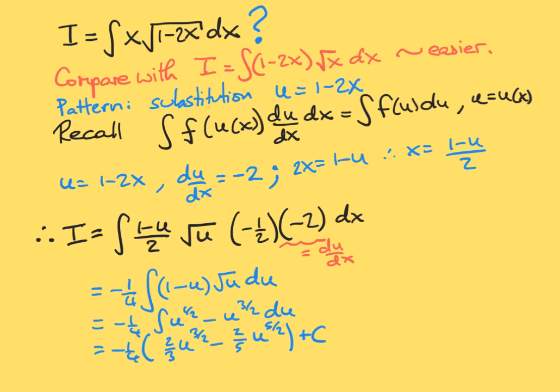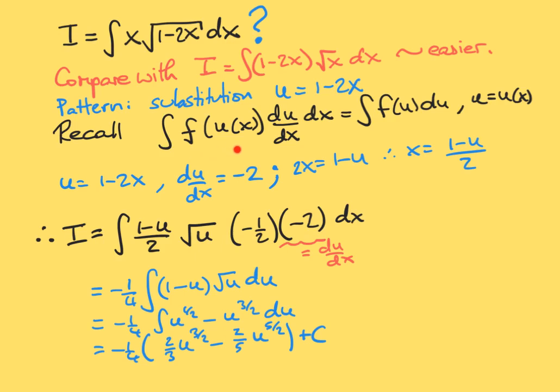So the pattern that I hope you are spotting is that we can make a substitution. So if we make this substitution, we can say u is 1 minus 2x, so that this square root will be the square root of u, and x is going to be something which depends upon u. You can just get it from rearranging this equation.